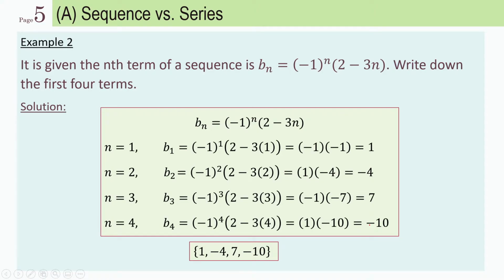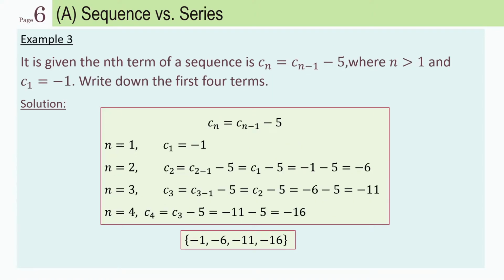So whenever later on you see any sequence that alternates the sign, from positive to negative, from negative to positive, and so forth, it must consist of one controller called negative 1 to the power of n. Please don't put the negative 1 outside the power of n. It must be inside the power of n, because whenever it is even, the negative will become positive.